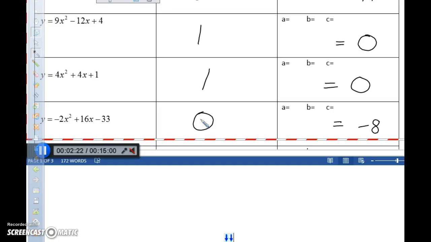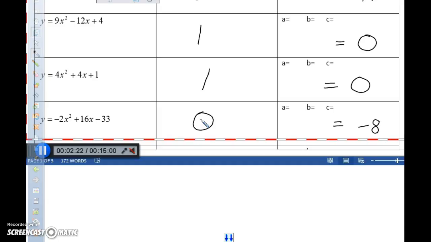If you get a negative, what do you notice about x-intercepts? 0. So it's kind of like hovering over the x-axis. It doesn't touch it anywhere. And if we get a positive answer, we know we're going to get 2 x-intercepts.